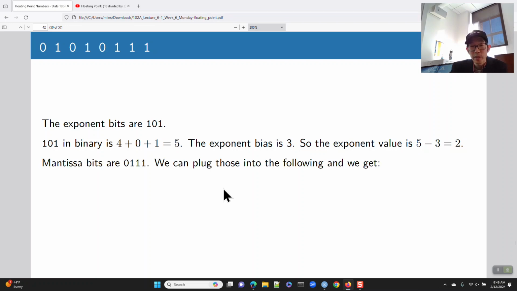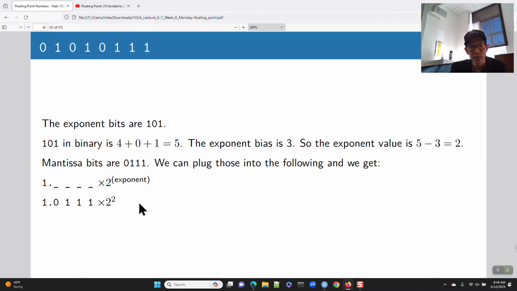The mantissa bits are 0, 1, 1, 1. So if we plug that into the mantissa, we get 1 point, and then the 4 bits: 1.0111, and we're going to multiply this by 2 to the 2.